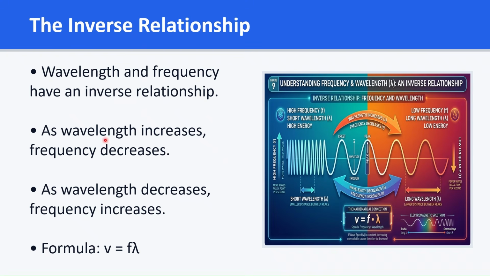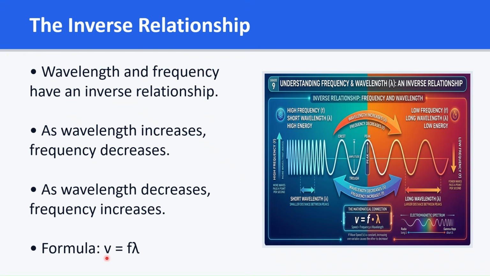So as wavelength increases, ang frequency mag-decrease. As wavelength decreases, ang frequency mag-increase. So the fundamental formula connecting frequency and wavelength is v, which is the speed of the wave. v is equal to f, the frequency, times lambda, the wavelength.